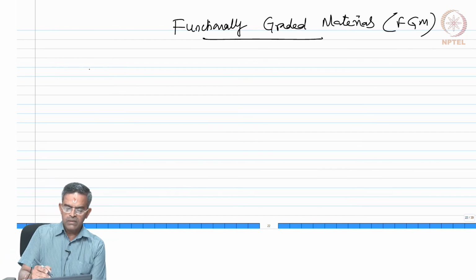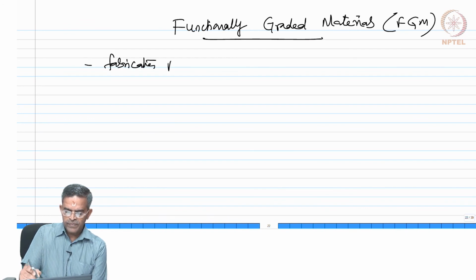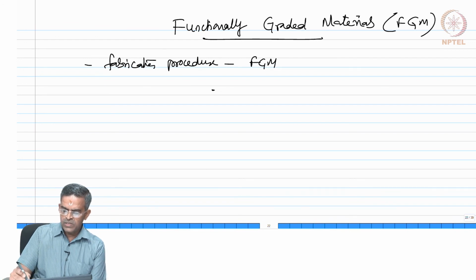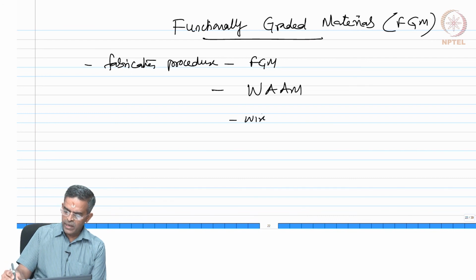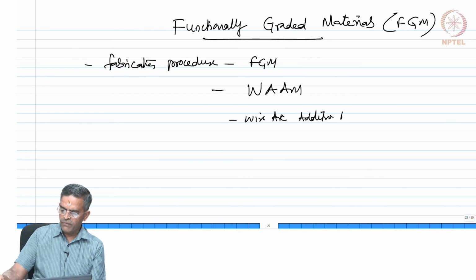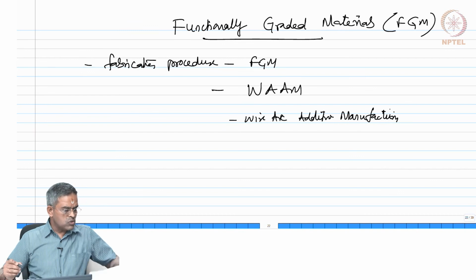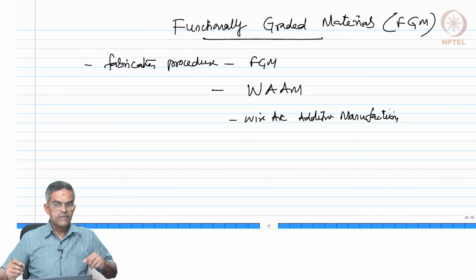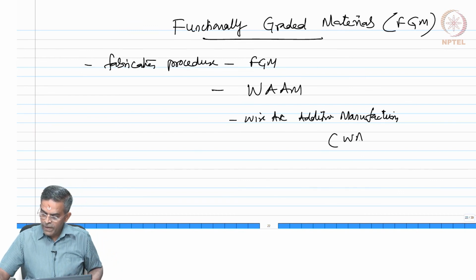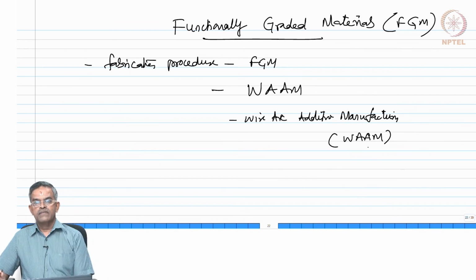One of the important fabrication procedures widely used to manufacture FGM is WAM, which is wire arc additive manufacture. We have a very strong and rich laboratory expertise in WAM in the Department of Metallurgy in IIT Madras.